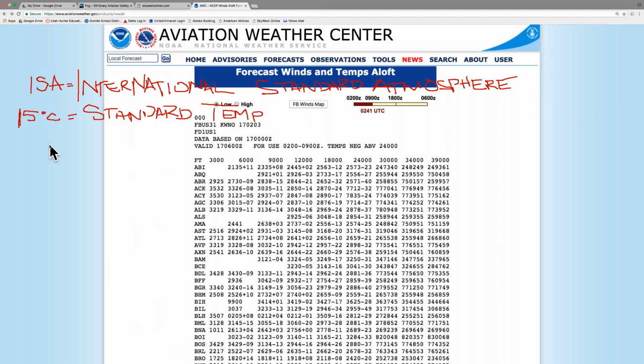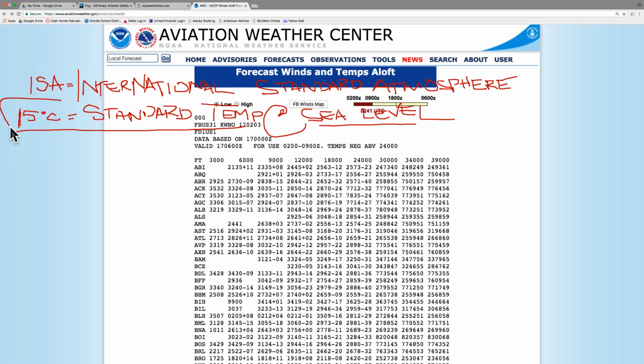Okay. So this is what you guys need to know. ISA stands for International Standard Atmosphere, and our standard temperature at sea level is 15 degrees. Super important.